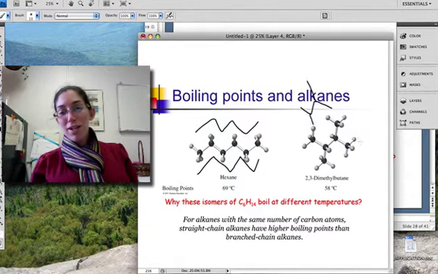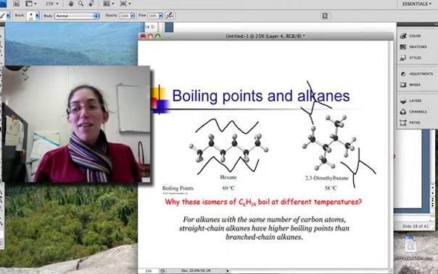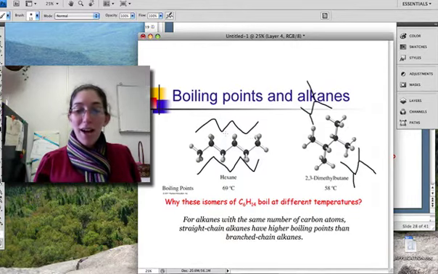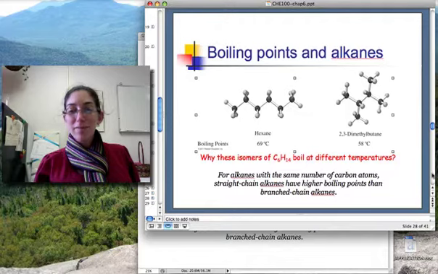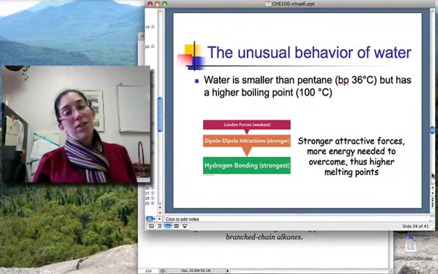Try spooning with one of these guys. That's why the boiling point for straight chain alkanes is higher than for branch chain alkanes, because they spoon better, okay? And so therefore they have more London forces.